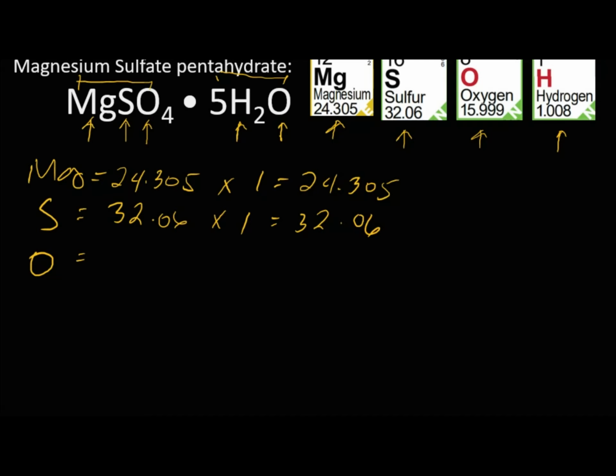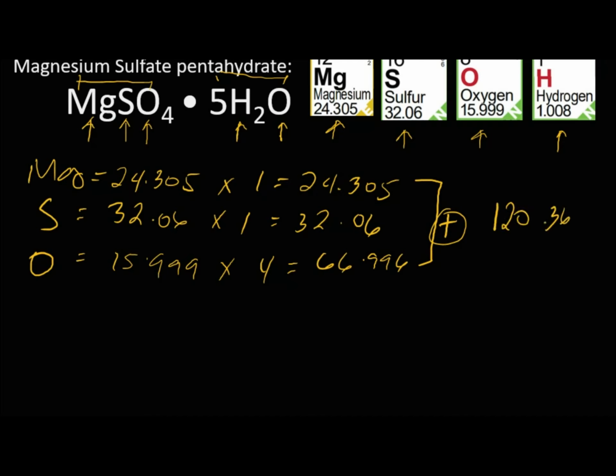While oxygen, there are 4, so that will be 15.99 times 4, and that will give us 66.996. Now let's add these three together, that is 120.361 grams per mole. But we're not yet done because we have to solve for this one too.